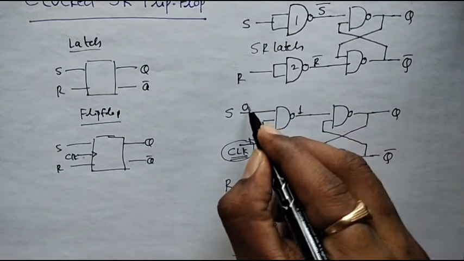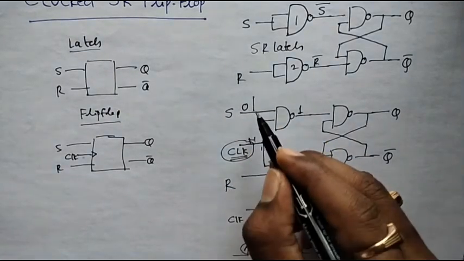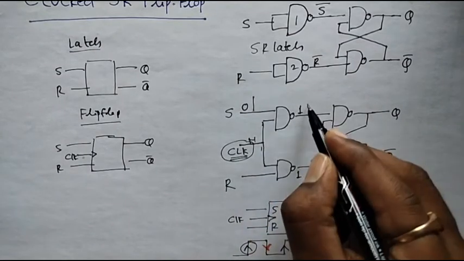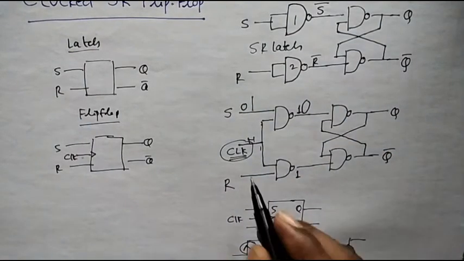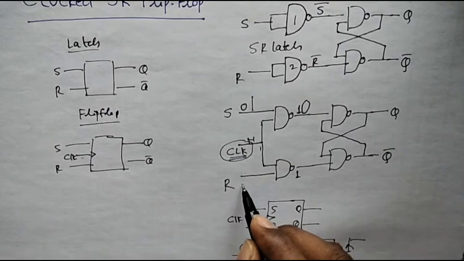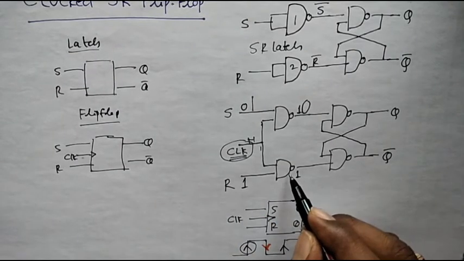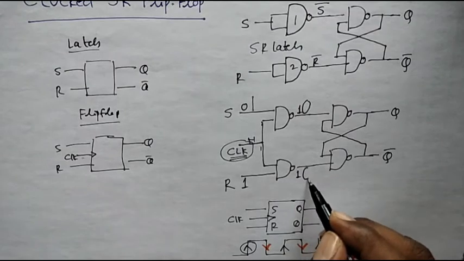Suppose we consider S input as 1. NAND with 1 produces the output as 0. Similarly, if we consider R is also equal to 1, then the output of the second NAND gate is 0.